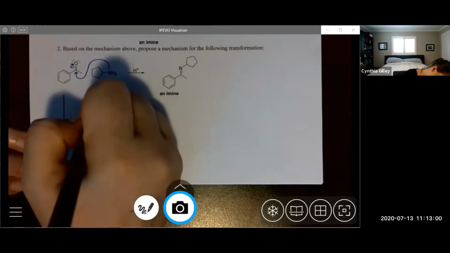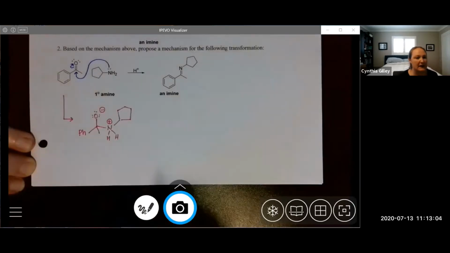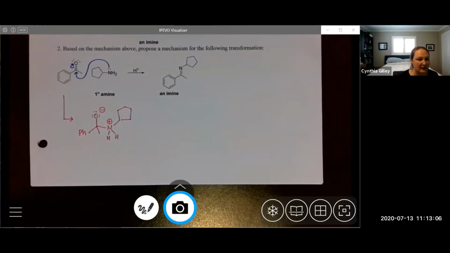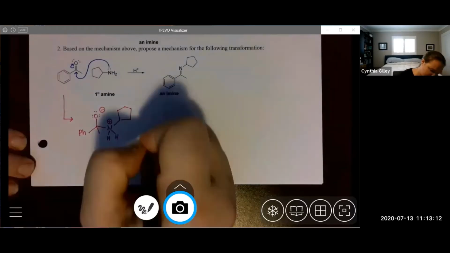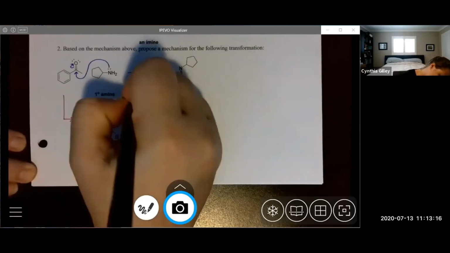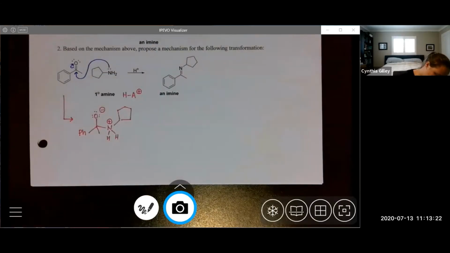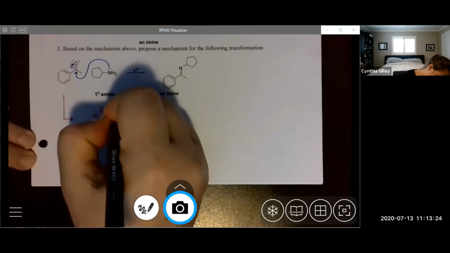So this is that negatively charged intermediate, which is unique and would be immediately protonated. So we can draw in our generic HA, and then show that very fast proton transfer.